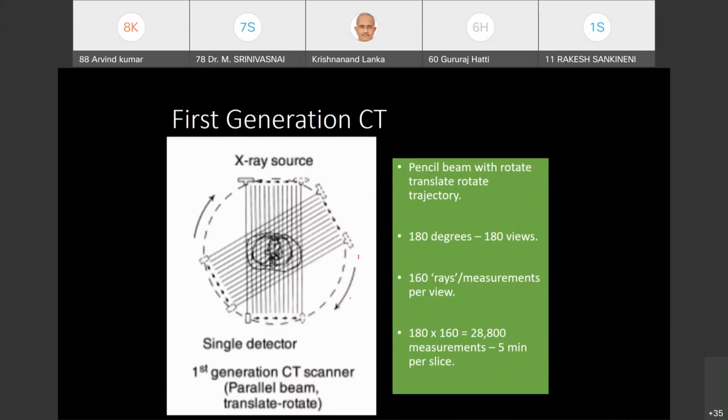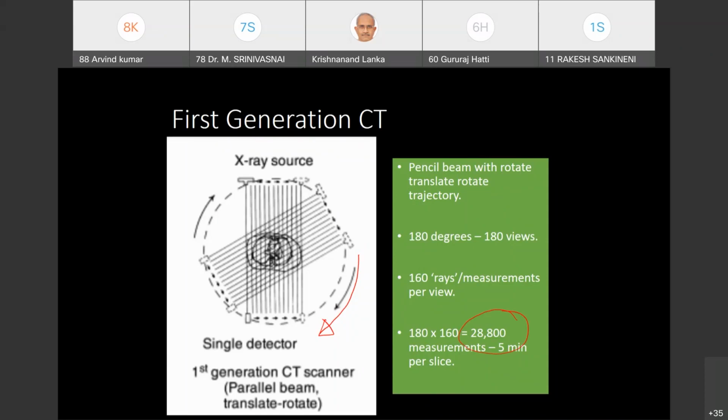In a single round, it translates, then rotates, and then translates again. With this strategy they used to collect 180 views and 160 measurements per view. There is a linear detector, right? A single detector used to be there.